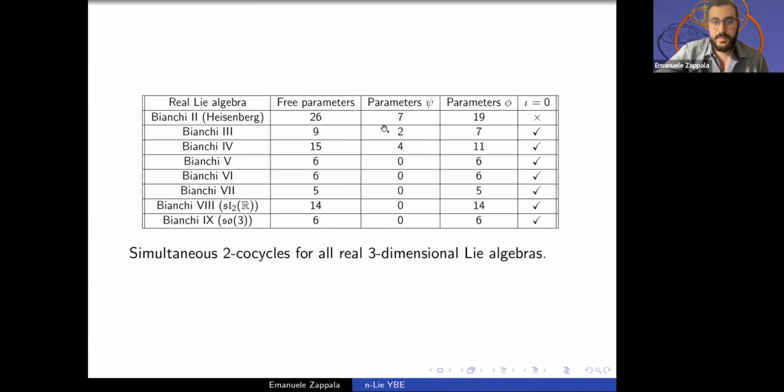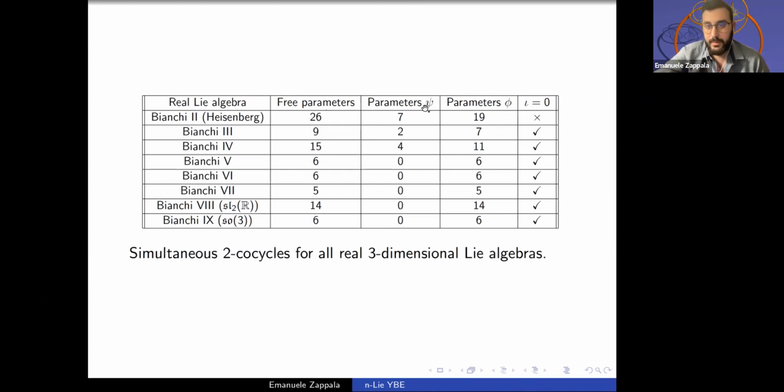But if you pass to the simultaneous deformations, you have a lot of possibly non-trivial cohomology classes. So you have a lot of cocycles and deformations of delta as well. So you can deform both T and delta. This is the phi, the 2-cocycle for the self-distributive operation.